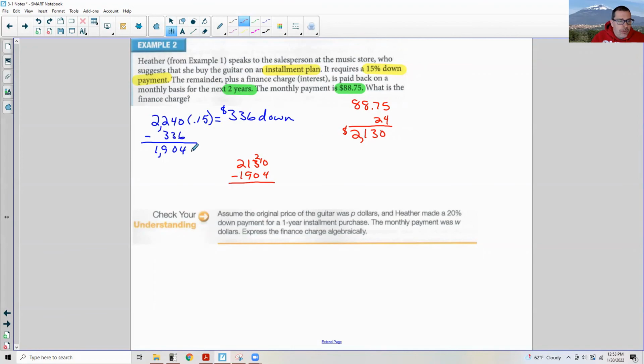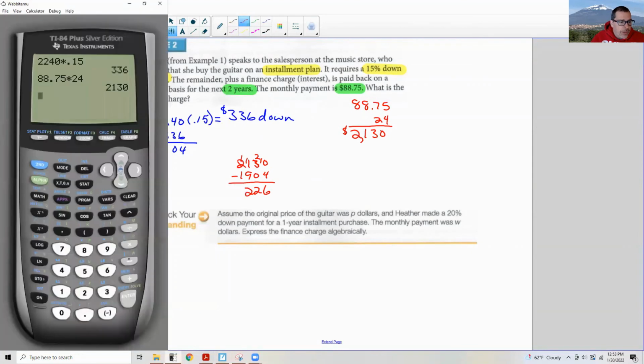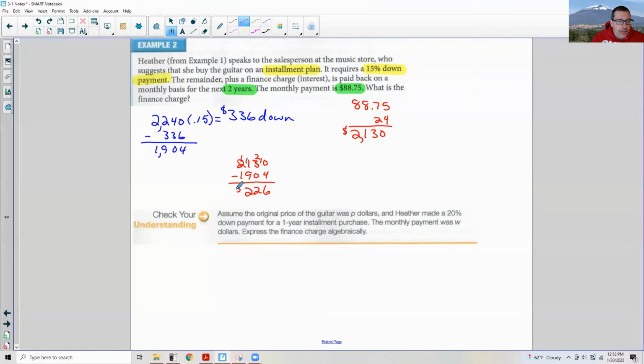You subtract what the guitar costs from what you paid, because that includes the interest, and the difference is the interest. $2,130 minus $1,904 is $226 interest. Okay, $226 of interest on the guitar.